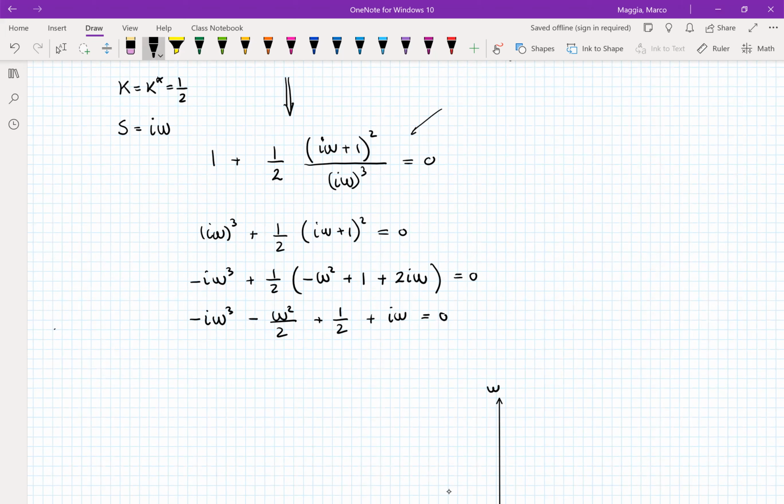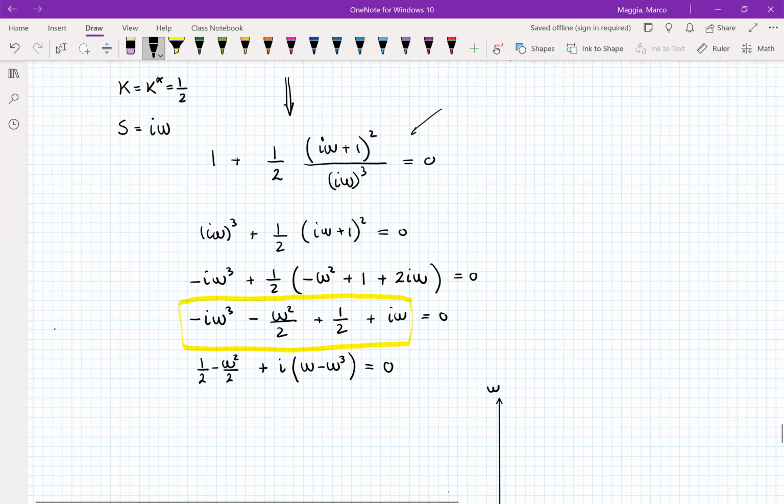All right, so take a look now at the left-hand side. We have a complex number, and we can actually rearrange it as a real part, 1/2 minus omega squared over 2, plus i times (omega minus omega cubed), equals 0.